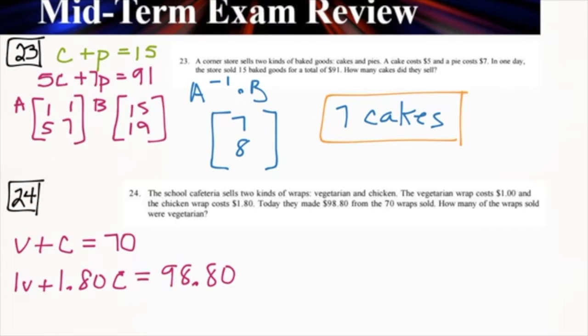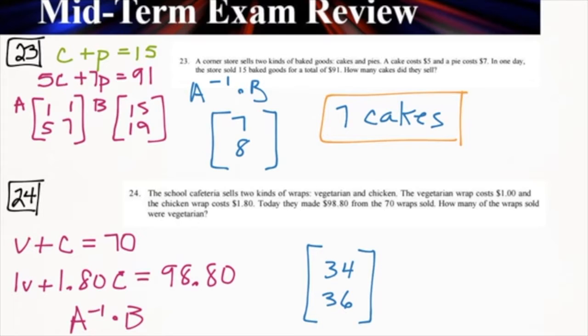Okay, I'm going to put that into a matrix. I'm going to use A inverse times B, and let's see what that gives me. The answer is 34, 36, and they want how many wraps were vegetarian, so that's the first one.